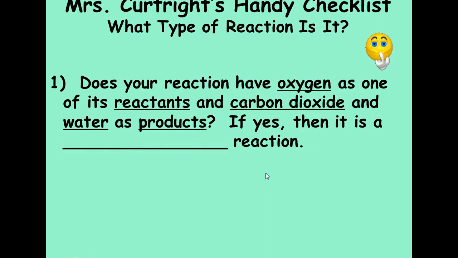Okay, so let's look at this handy checklist and see what type of reaction it is. So we're on the back side of your paper now. Does your reaction have oxygen as one of its reactants and carbon dioxide and water as its products?